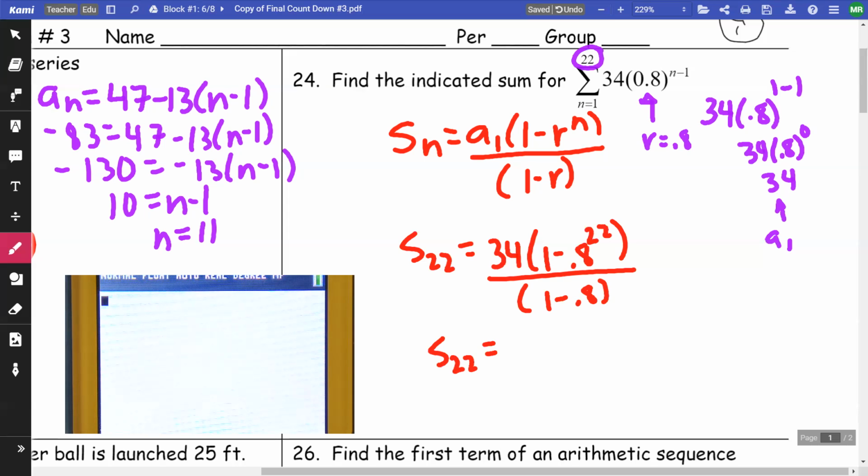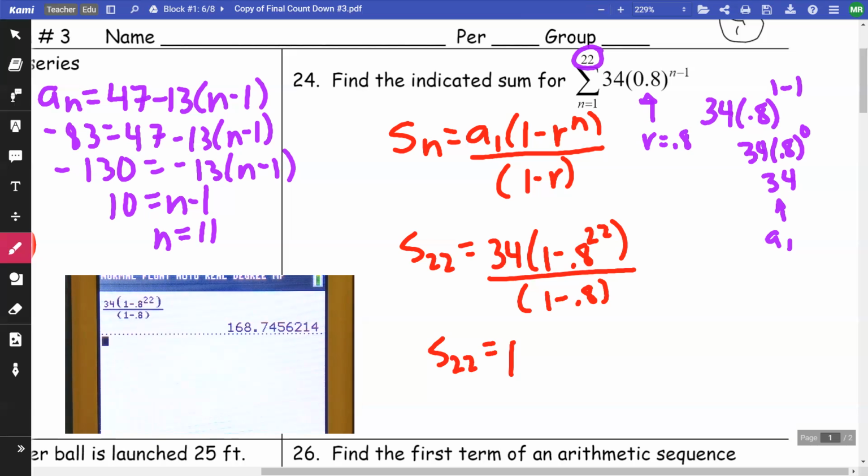I am going to get 34 times 1 minus 0.8 raised to the 22nd, over 1 minus 0.8. I don't need parentheses on the bottom when I'm doing it in this fraction form, but if you're not, you do need those parentheses.